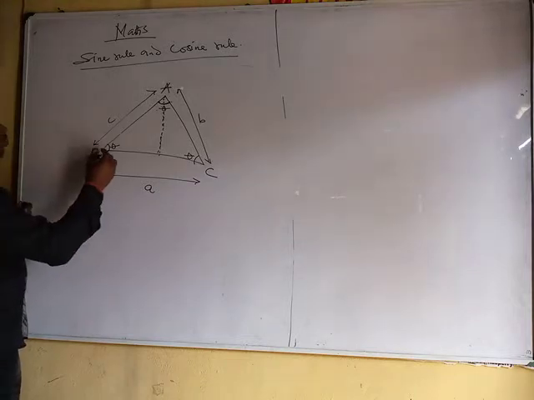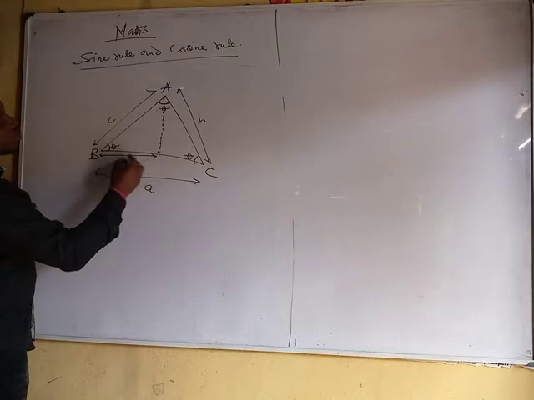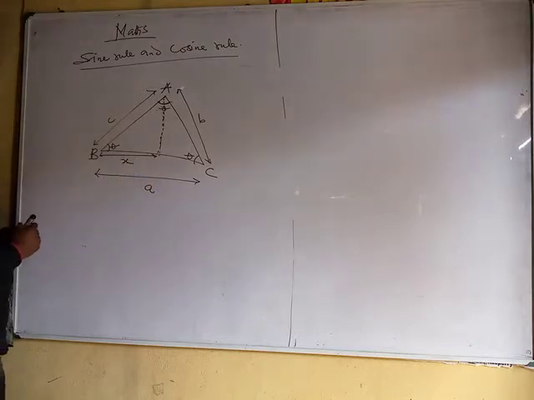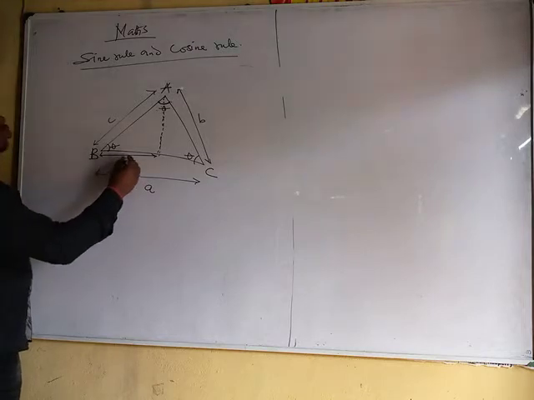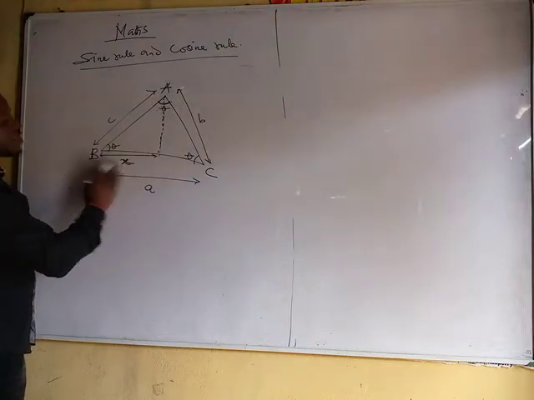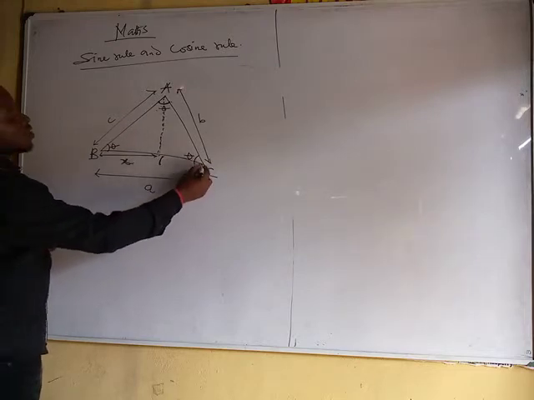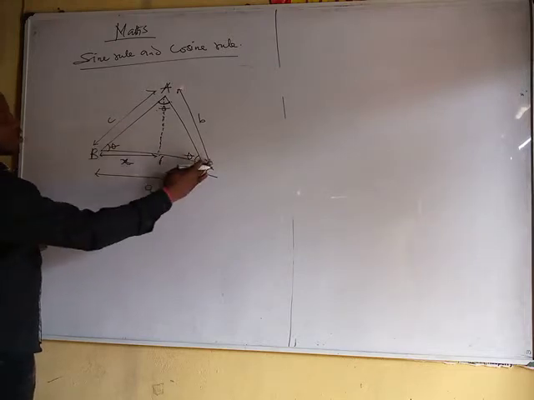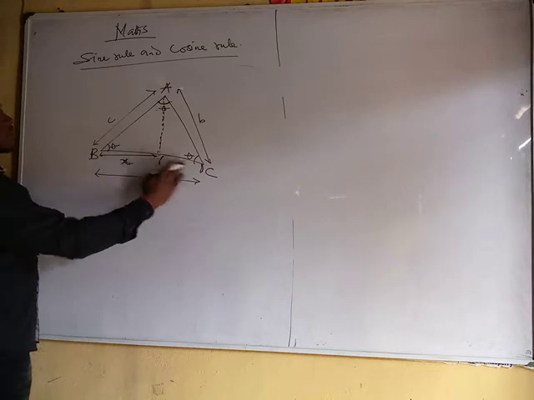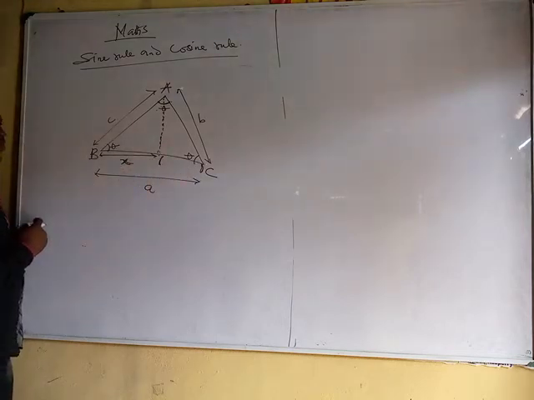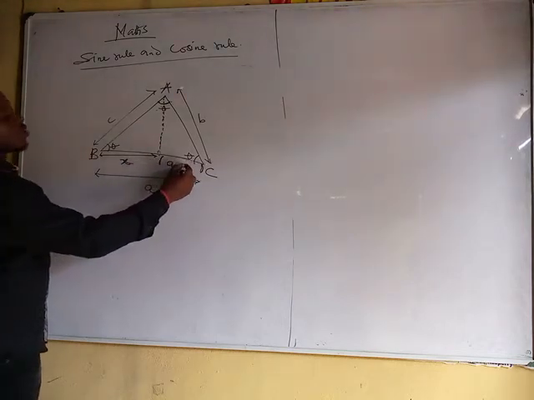All I know is from here to here is what we have indicated before we bisect this. Now, to get this from here to here, if here is x, what we are going to have from here to here is the whole side minus x, which will give us the remaining side. So here is going to be a minus x.